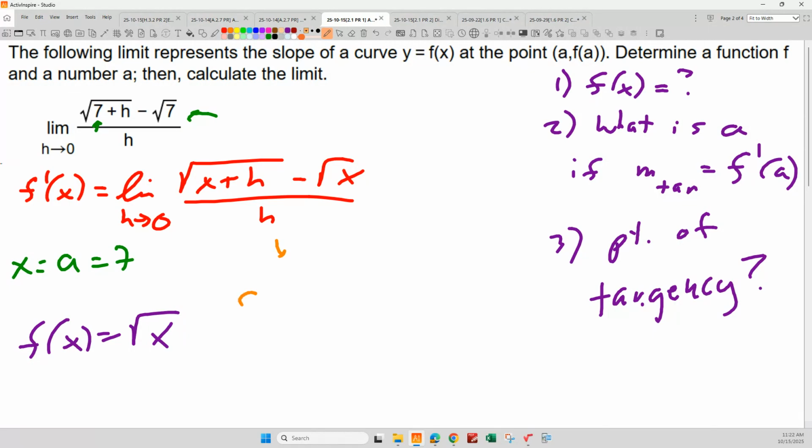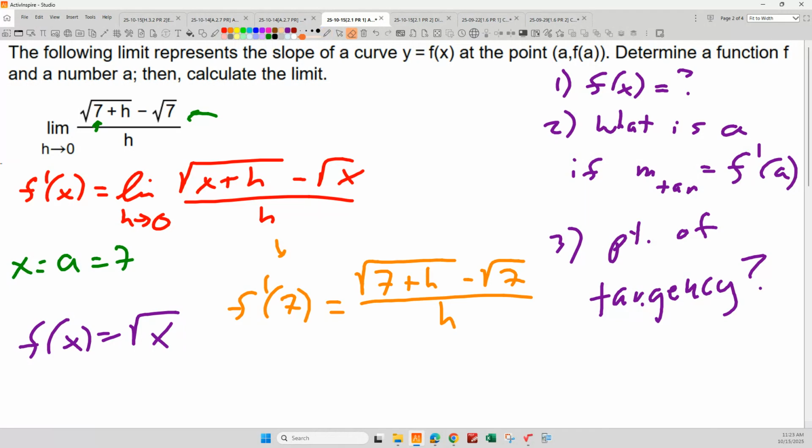And then we said f prime of 7 would equal the limit of square root of 7 plus h minus square root of 7 over h as h goes to 0. Everybody see that? Just kind of pattern recognition.